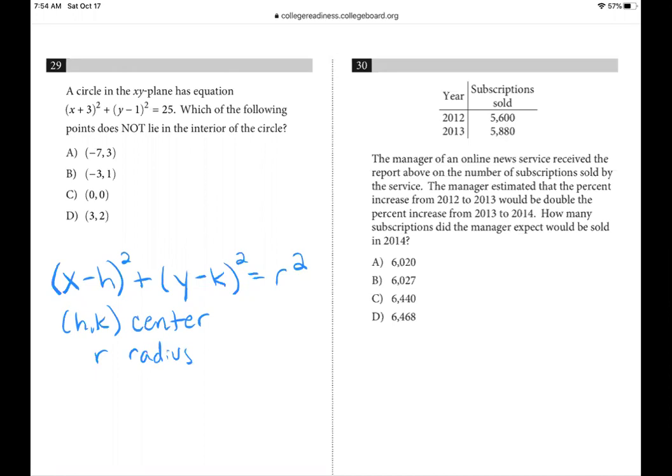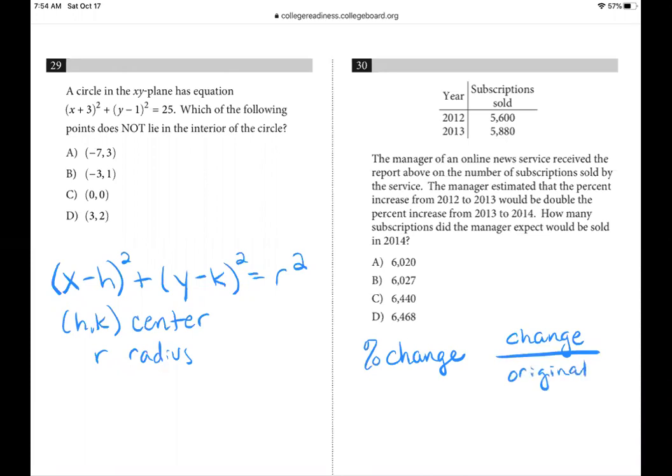For question number 30, we really just want to read carefully and know the formula for percent change. The formula for percent change is the change in the amount divided by the original.